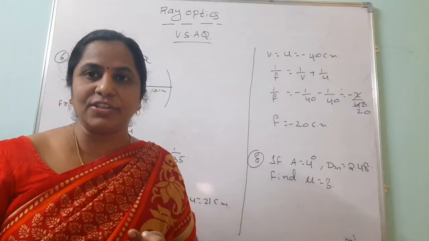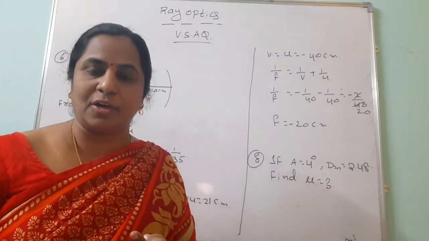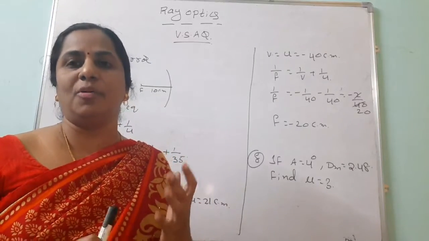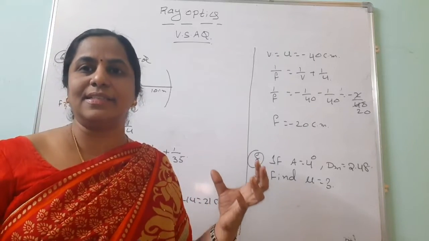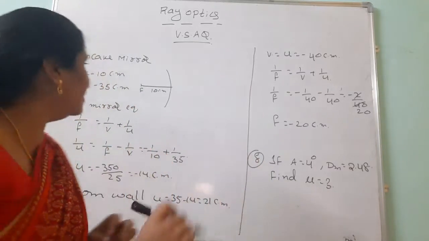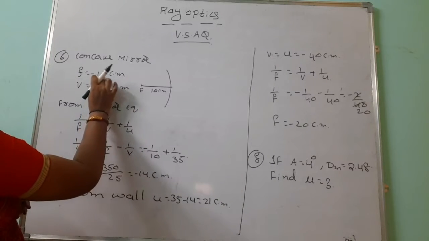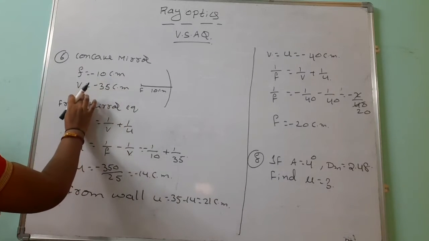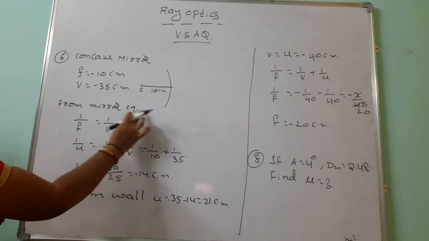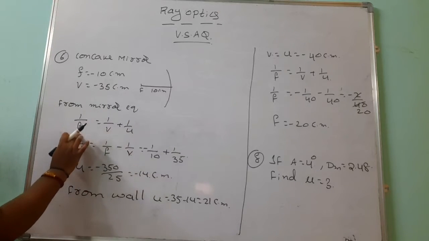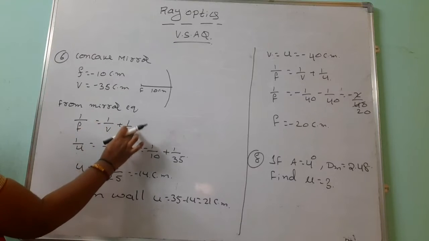We can find the object distance, not from the optic center, but from the wall. Clearly they mention that this is a concave mirror, so we take the focal length with a negative sign, minus 10 centimeters. The image distance is also minus 35 centimeters. From the mirror equation, 1 by f equals 1 by v plus 1 by u.